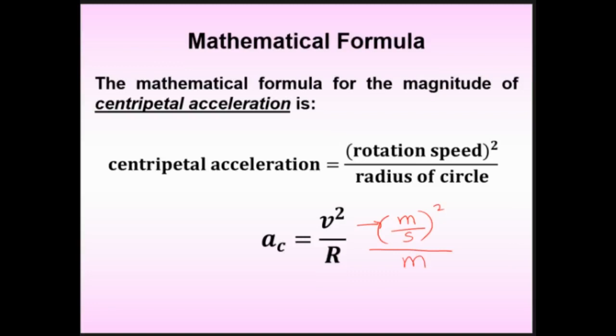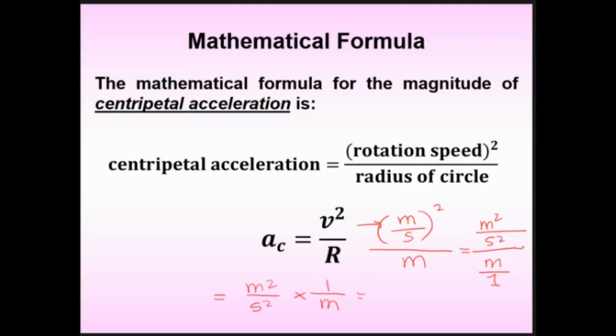Who can tell me how to simplify this fraction? Ahmed, go ahead. What do I do first? So m squared over s squared, all divided by m. But technically, this m has a 1 under it, our best friend when it comes to dividing fractions, which is equal to m squared over s squared times 1 over m.